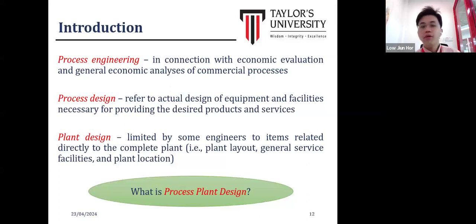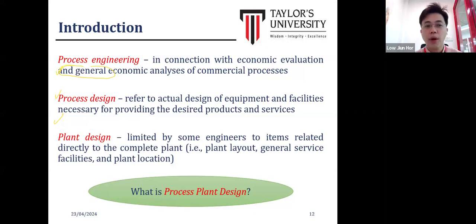Now I want to explain to you these three different definitions. First, you need to understand, just now I explained what tasks are normally assigned to a chemical engineer in the chemical industry. Besides that, we also have to know what process engineering is.